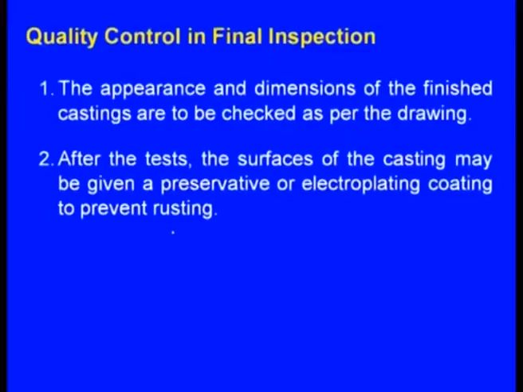So, this is very important. After the casting has the required surface finish and geometrical tolerances, then it must be given the preservative or electroplating coating to prevent rusting, otherwise it will be of no use. Very soon it will rust, and before it is shipped to the customer it will become useless.